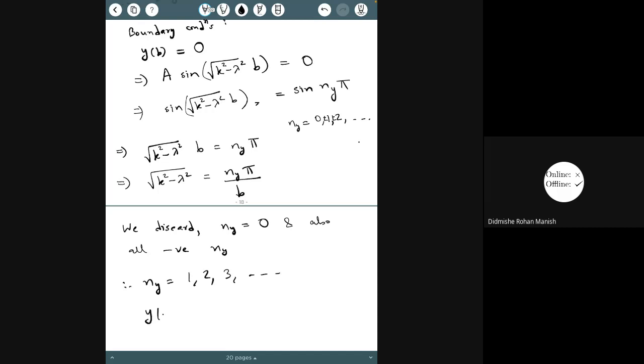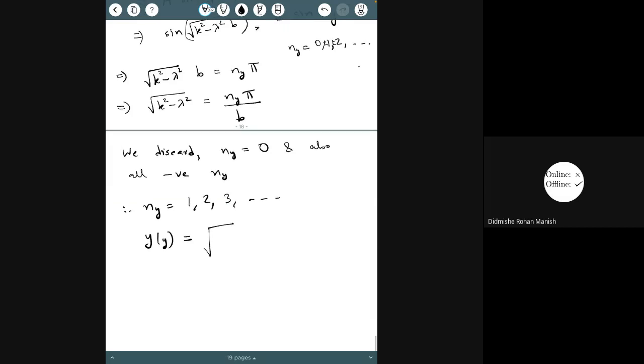Then Y of y is finally, if we do the normalization condition, we will get root of 2 by b. You can verify that. I'm not doing this because we're almost out of time. So root of 2 by b sine of n_y pi y by b.